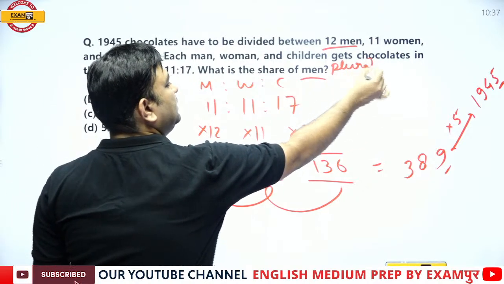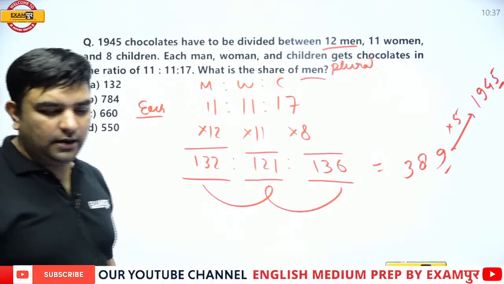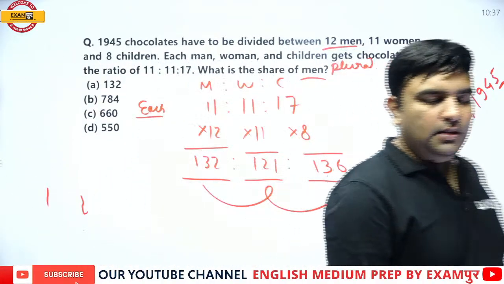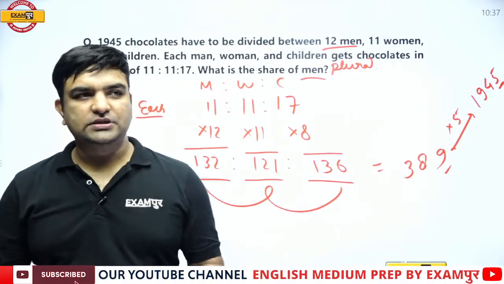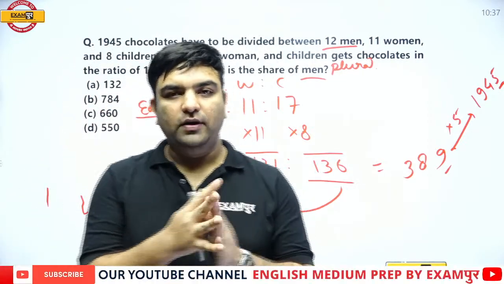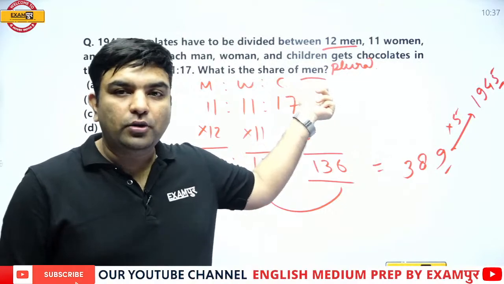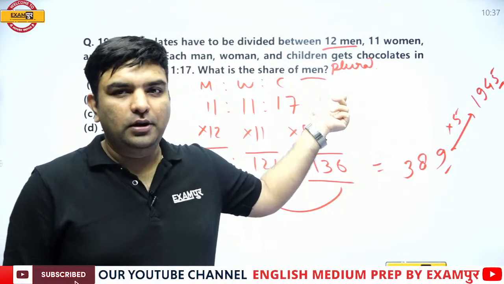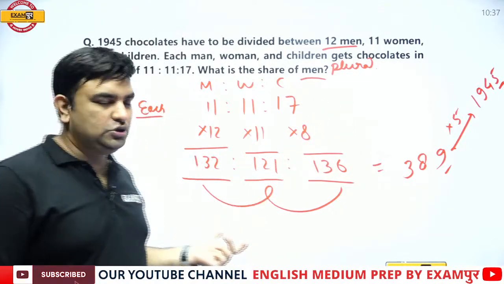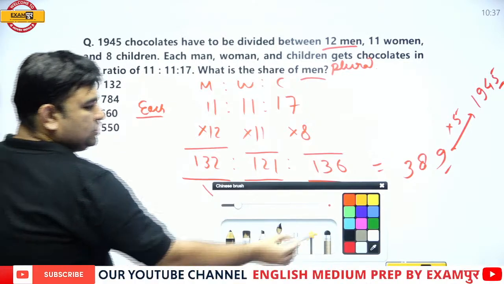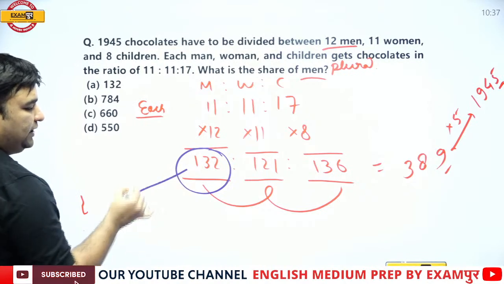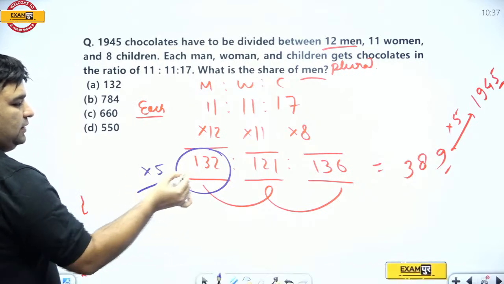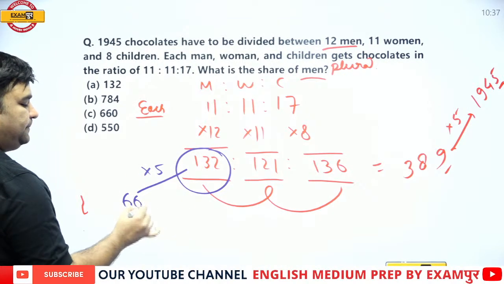Not a single man, guys. It is not written anywhere share of each man. So share of man is plural, so total share of man is 132. So 132 into 5 is 660.